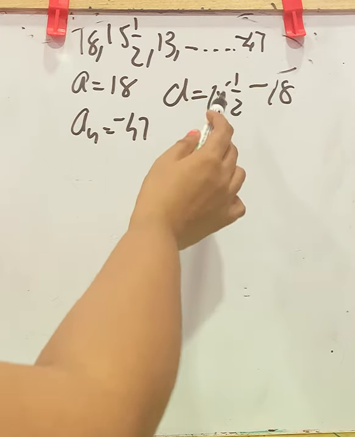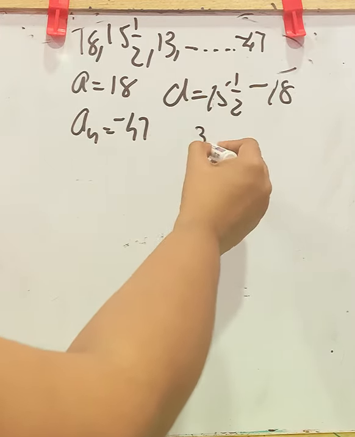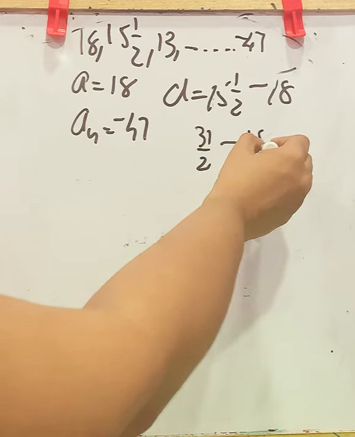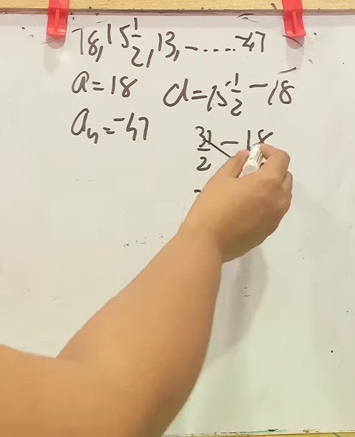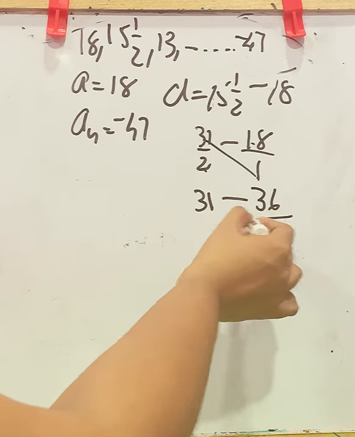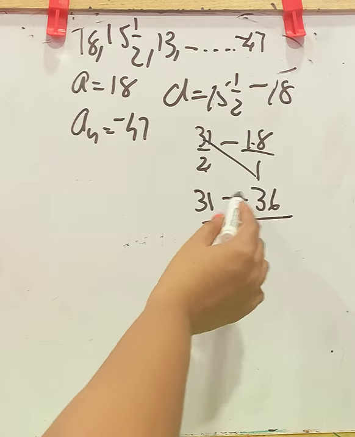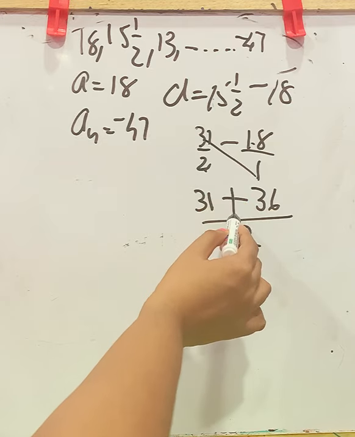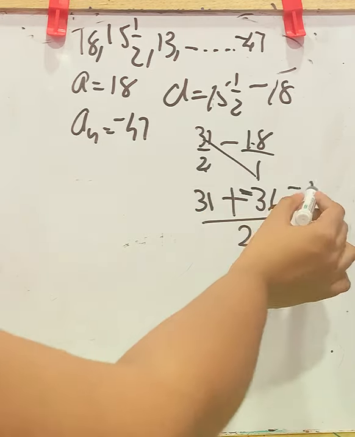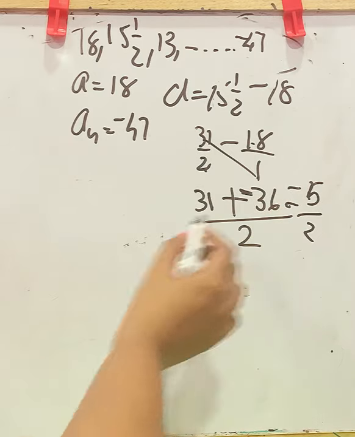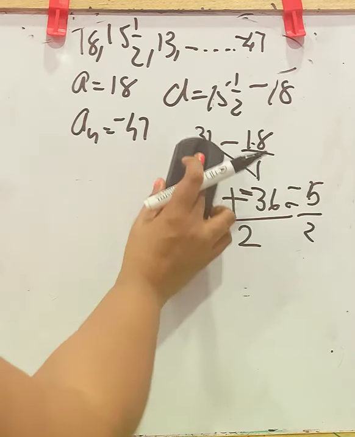This is mixed fraction. 15 2s are 30 plus 1, 31 by 2 minus 18. Now cross multiply this. 31 into 1, 31 minus 18 2s are 36, by 2 1s are 2. 31 minus 36. Change this to addition and change the sign of this 36. So here we have minus 5 by 2. d is negative 5 by 2.